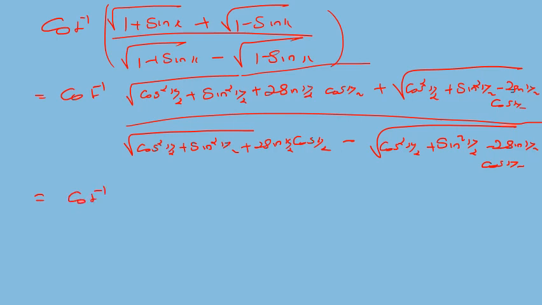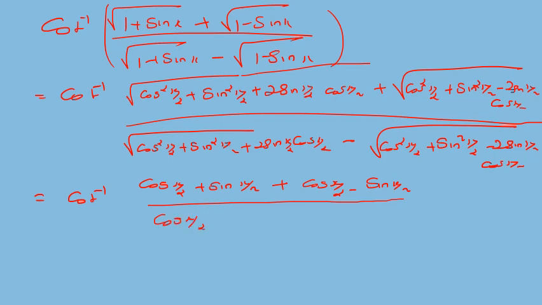Cot inverse cos x by 2 plus sin x by 2 the whole square. And when we take the square root, we get cos x by 2 plus sin x by 2. Next, cos x by 2 minus sin x by 2, divided by, below, cos x by 2 plus sin x by 2 minus cos x by 2 minus sin x by 2.